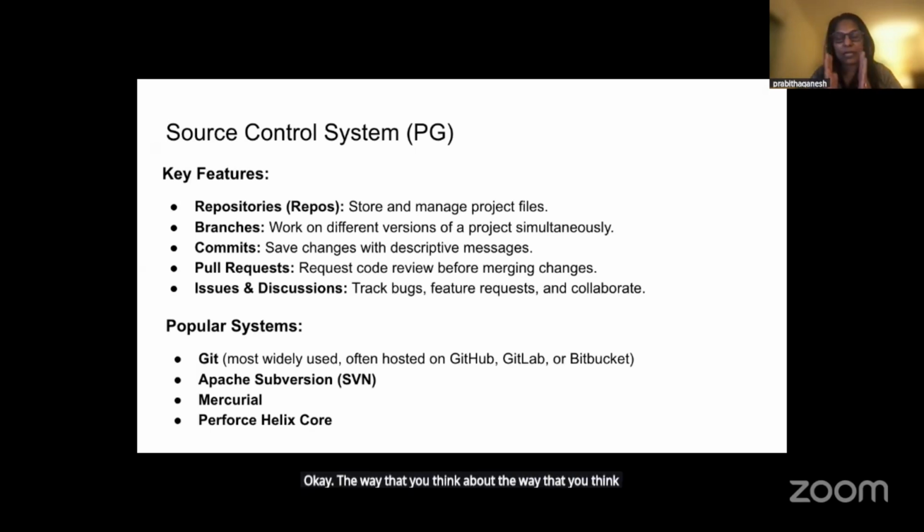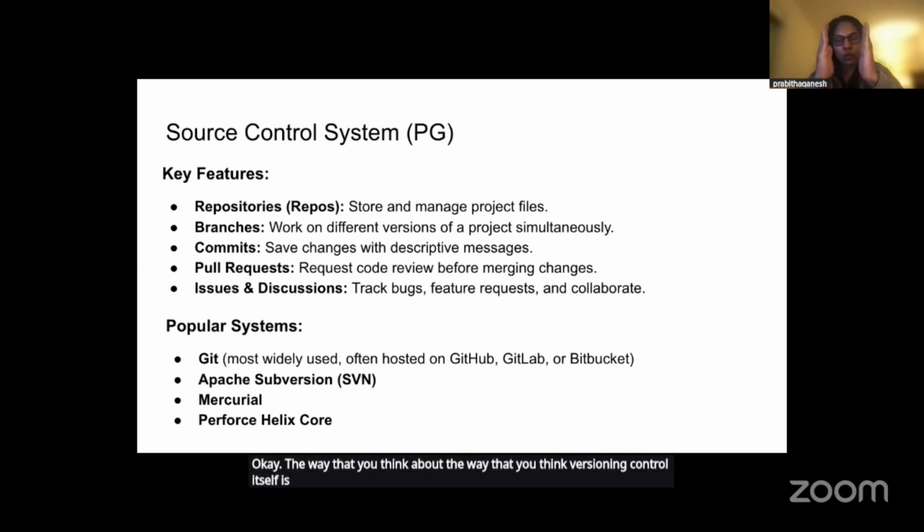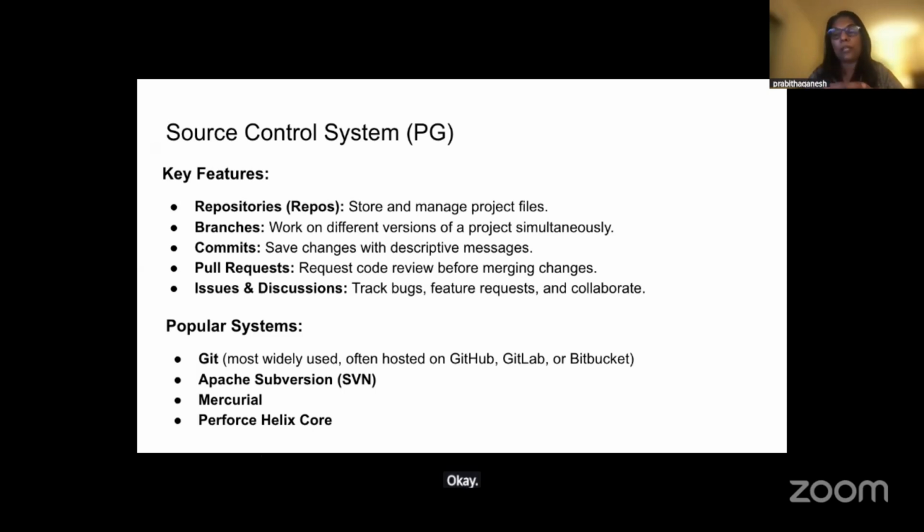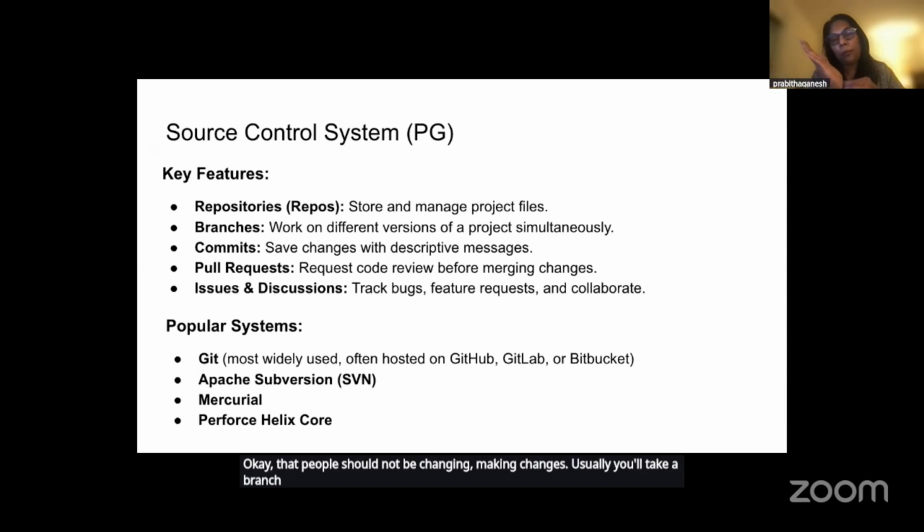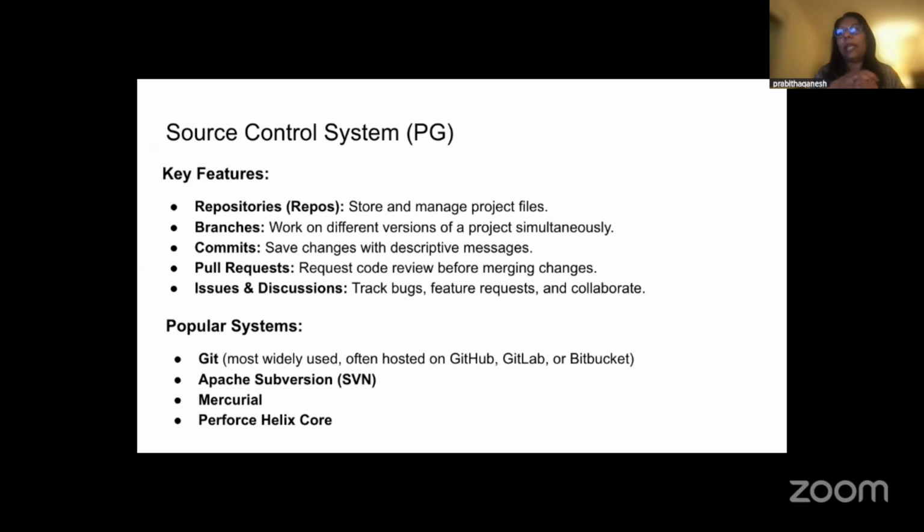Then different sections in it are called repositories, and each of the sections can hold different types of content. The main line is usually called main, or some people call it master. That is your trunk, and people should not be making changes there. Usually you'll take a branch, pull the file out of that branch to make a change, make the change, and commit the change.